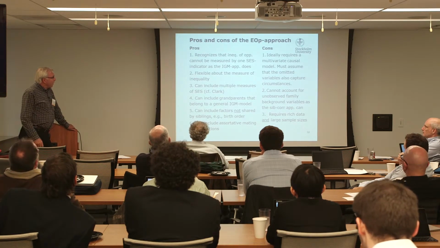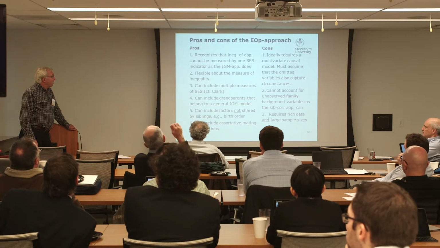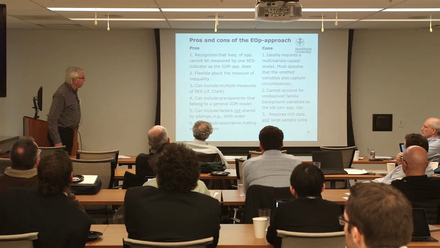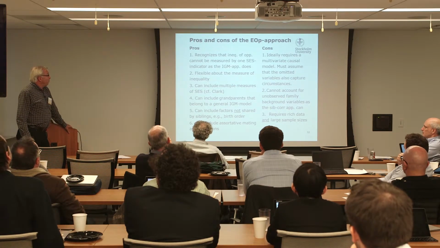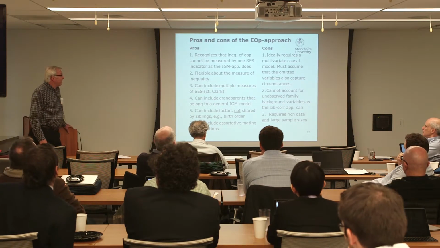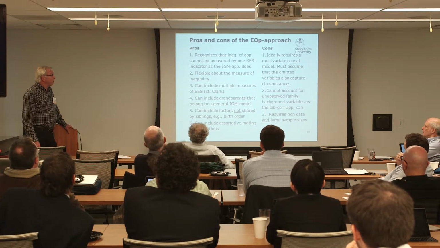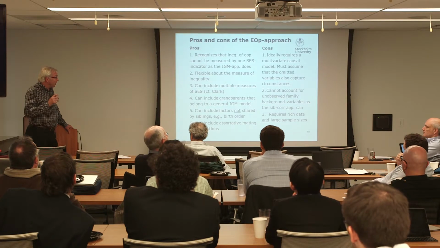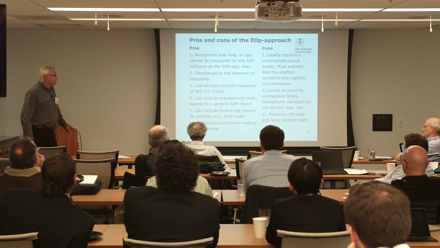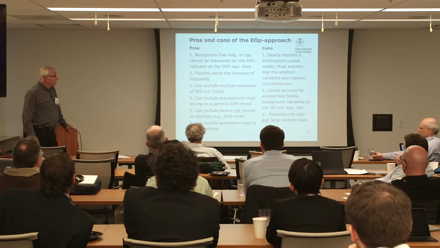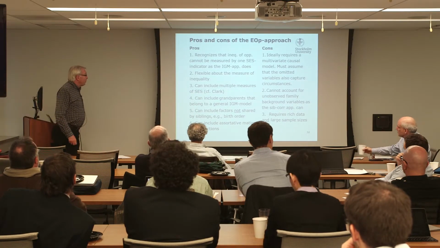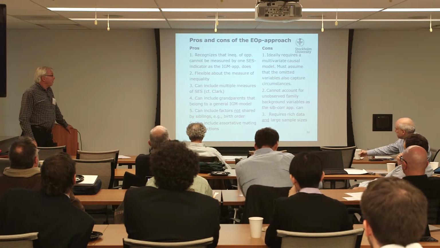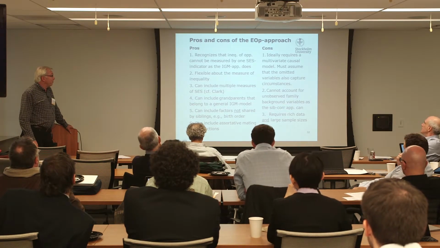And I think this approach is really nice in many respects. It's a very constructive approach. The first advantage here is that it recognizes that inequality of opportunity cannot be measured by one socioeconomic status indicator, as the mobility approach does. I think that's rather obvious, that there are more factors than this single indicator that is used in the intergenerational mobility literature.